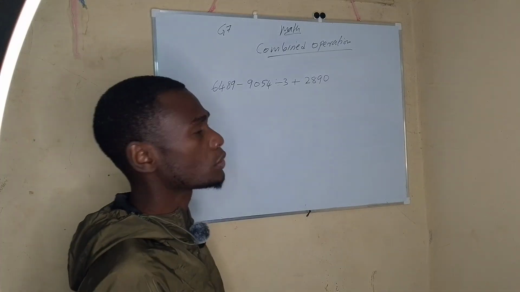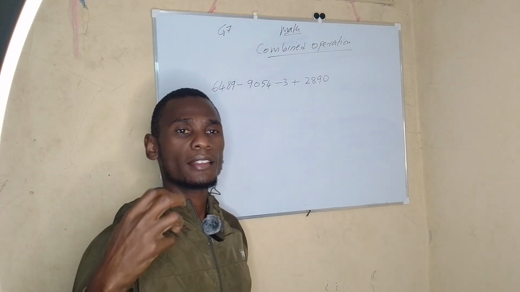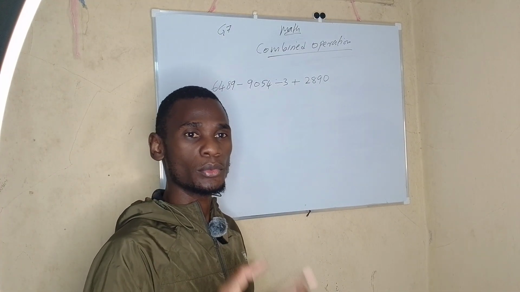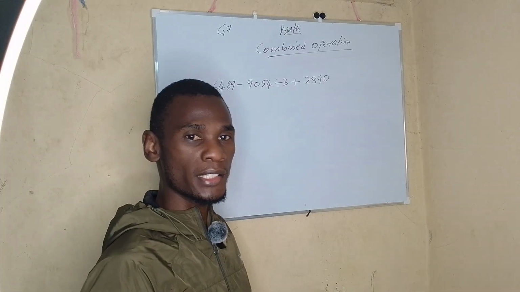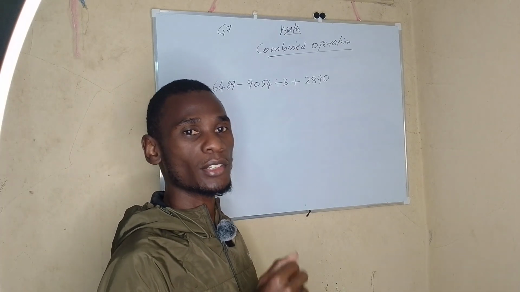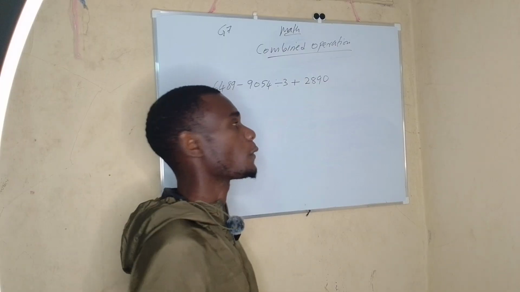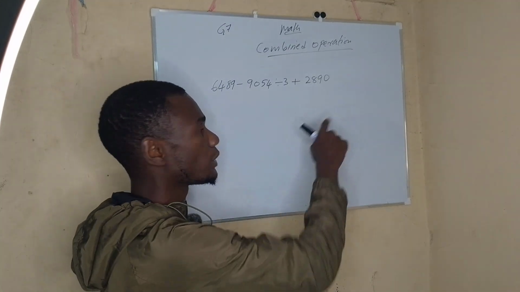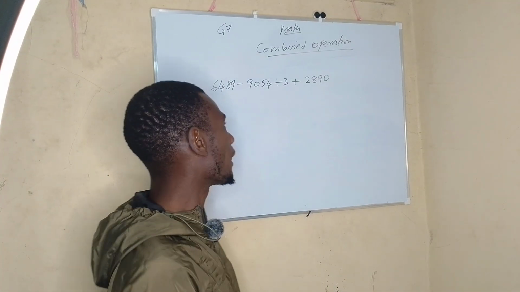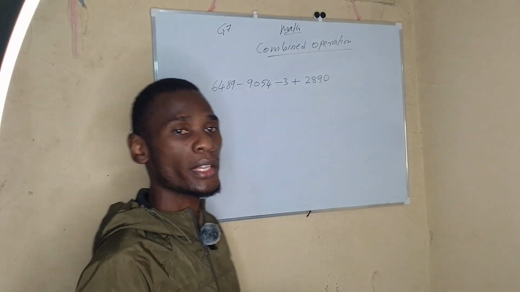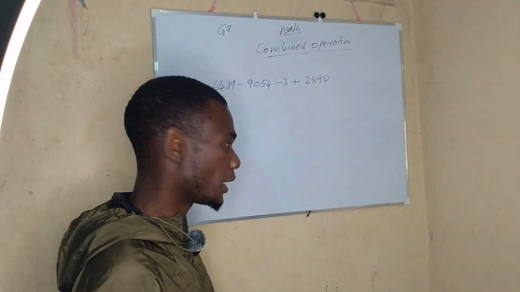These operations, we don't have the choice to start with what is easier for us. That choice is not there. There is a rule that we must follow for us to solve such a question so that we get the correct answer by the end of the day.